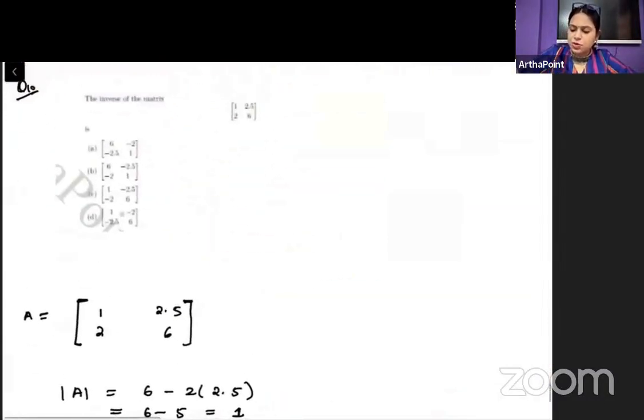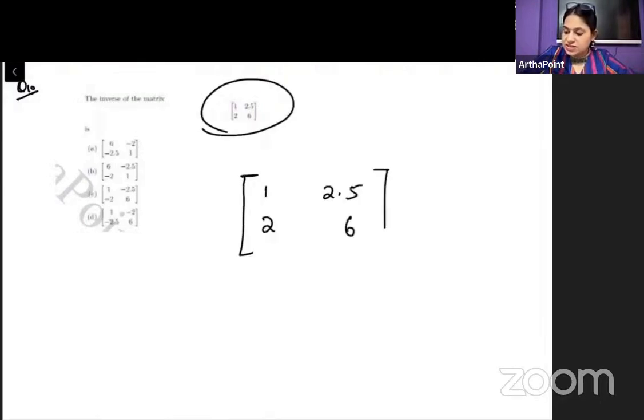Okay, come to the next question now. A very simple question is given to you. You need to find the inverse of this matrix. The matrix given to you is 1, 2, 2.5, and 6. Let me just highlight this. We know that these two change their position and these two change their sign, and you divide by the determinant.